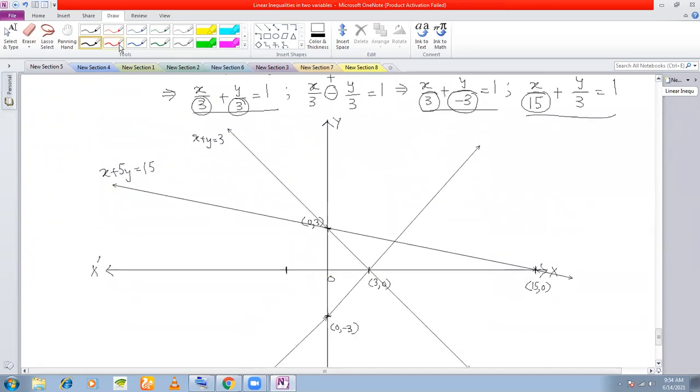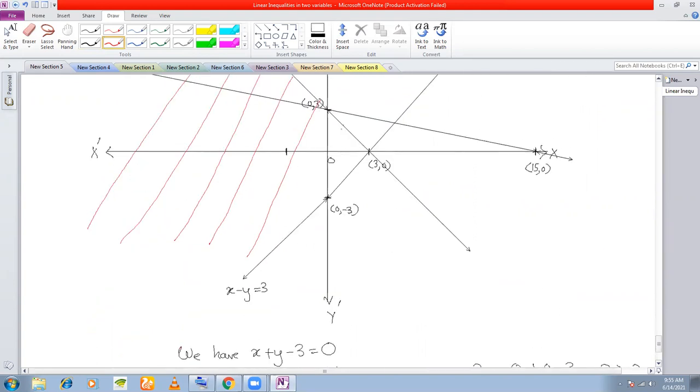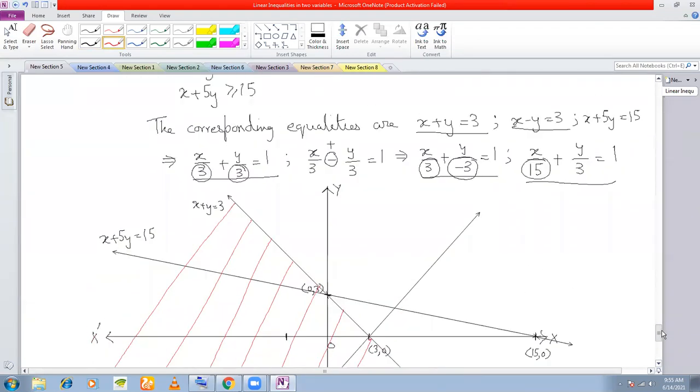So therefore, the origin side of this line, let's shade it. This side. All these form the solutions of this inequality.